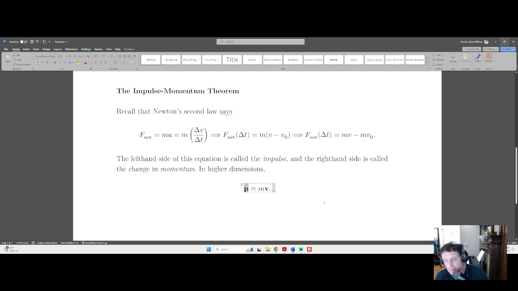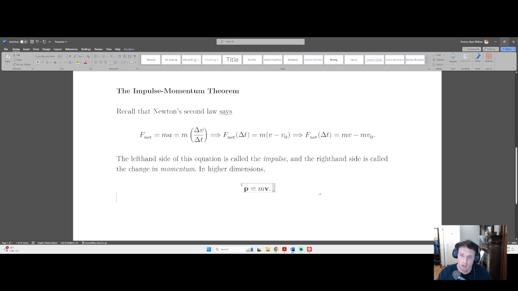The left-hand side is called the momentum. On the right-hand side, we have a mass times a velocity. The velocity is a vector, which is why momentum is a vector, and the mass is just a scalar. It just changes the magnitude of the velocity vector and gives us the momentum.